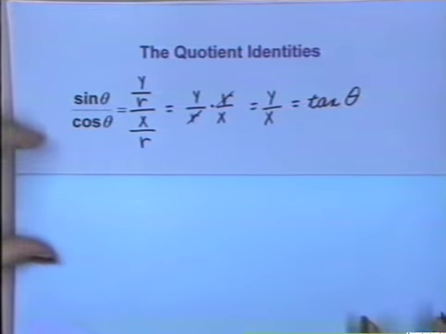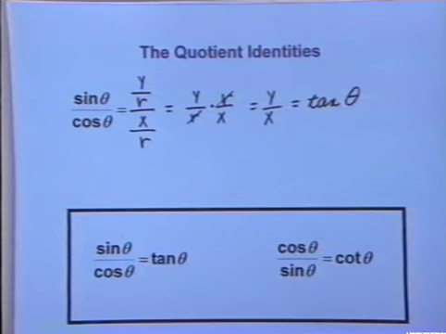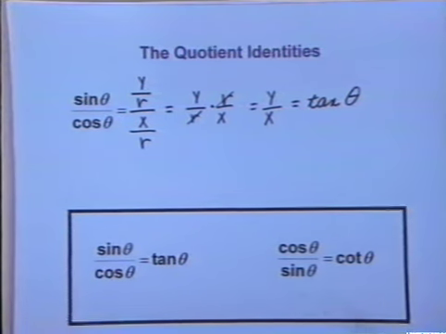And so our quotient identities are that sine theta over cosine theta equals the tangent of theta, and since we know that tangent and cotangent are reciprocals, the reciprocal of sine theta over cosine theta would be cosine theta over sine theta.